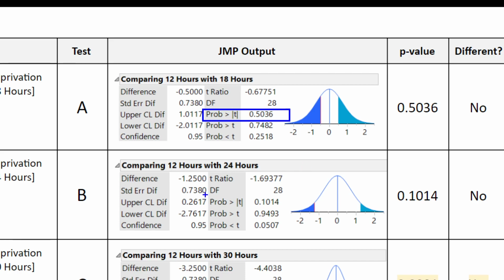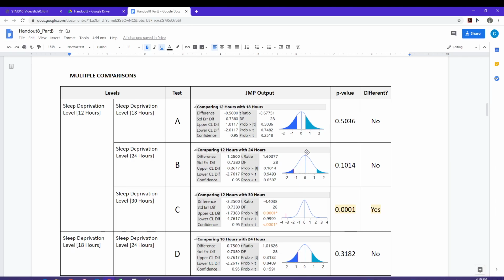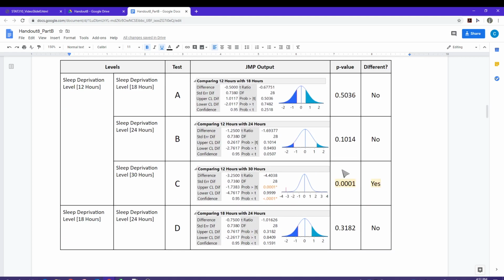Likewise, the p-value for comparing 12 hours to 24 hours of sleep deprivation would be given right below by that p-value there. So we take each of those p-values. So for 12 to 18, we're going to have a p-value of 0.5036. When I compare 12 to 24, we have a p-value of 0.1014.